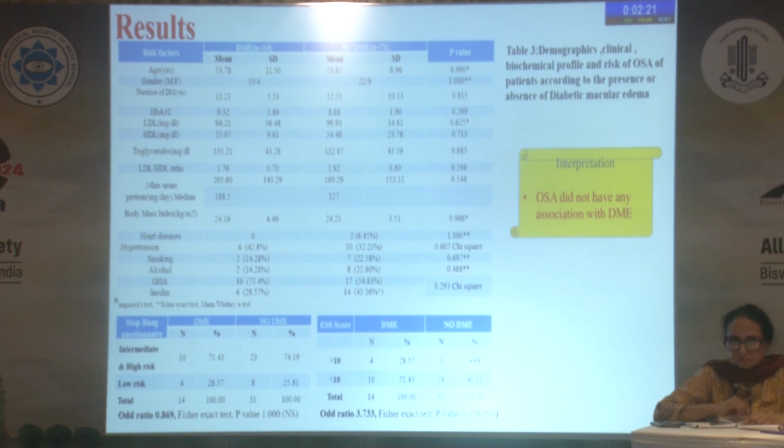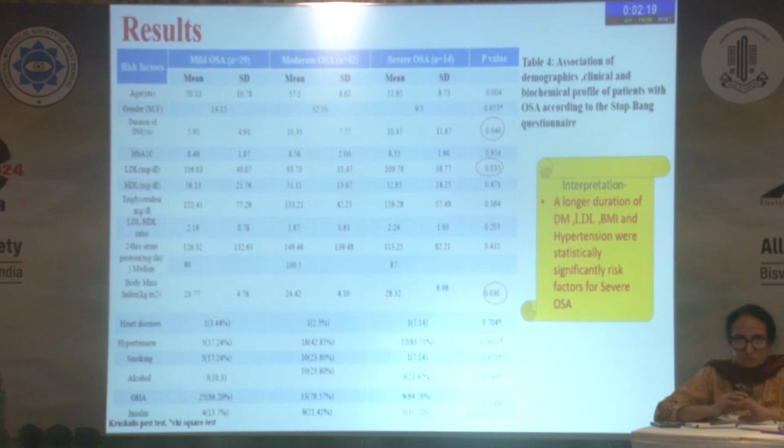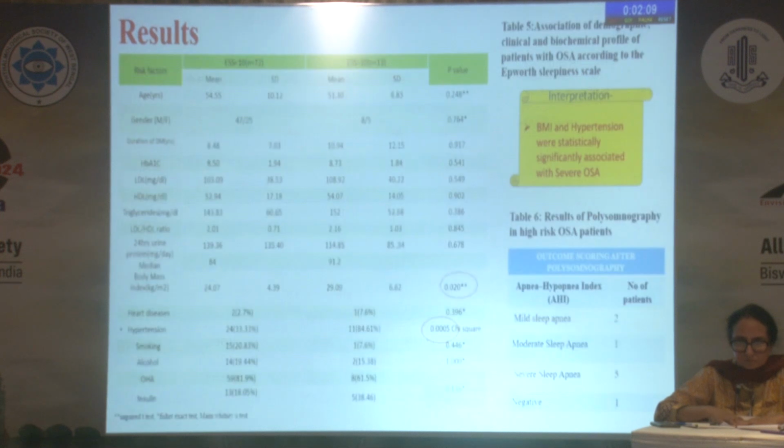OSA did not have association with DME. On the STOP-Bang questionnaire, a longer duration of DM, LDL, BMI, and hypertension were significant risk factors. And on the Epworth sleepiness scale, again, BMI and hypertension were statistically significantly associated with severe OSA.